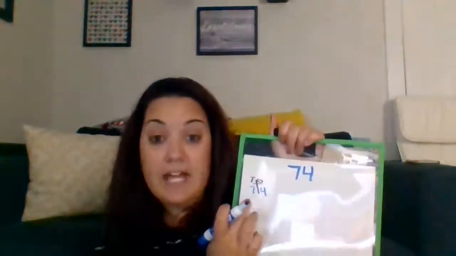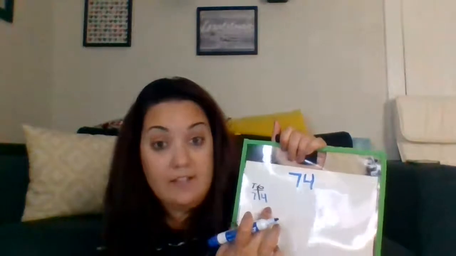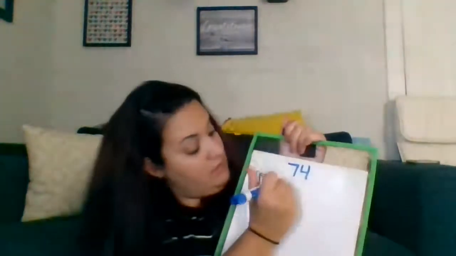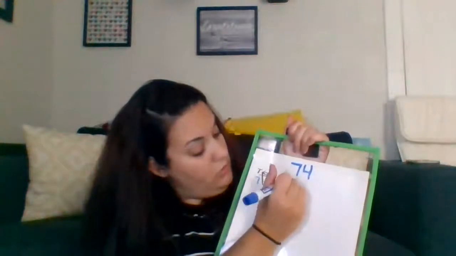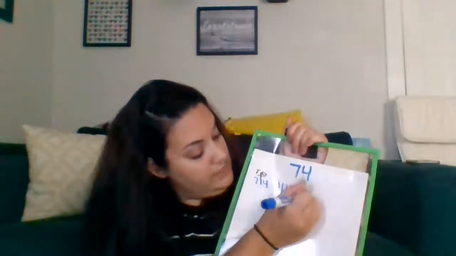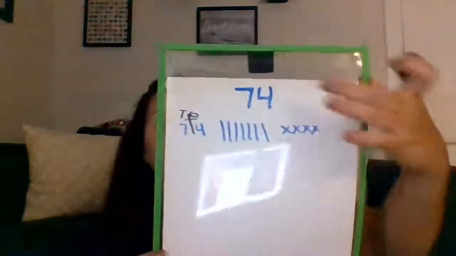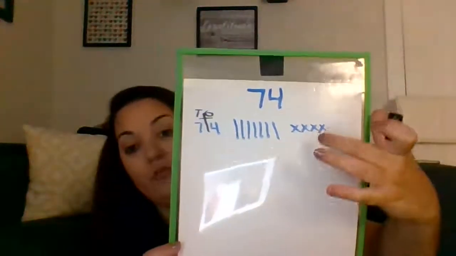I have 7 tens and 4 ones. That means I have to draw 7 tens or 7 lines. 1, 2, 3, 4, 5, 6, 7, and 4 ones or 4 X's. So there I have standard form, picture form.